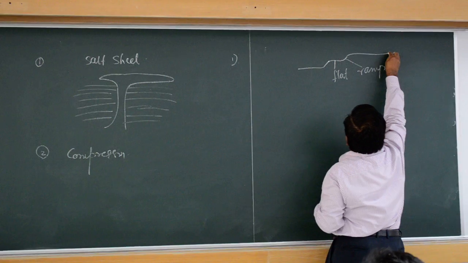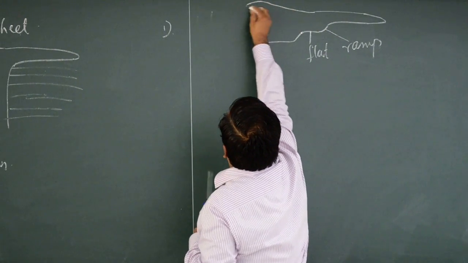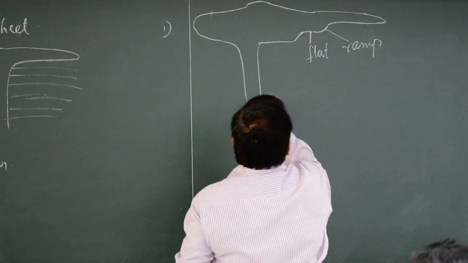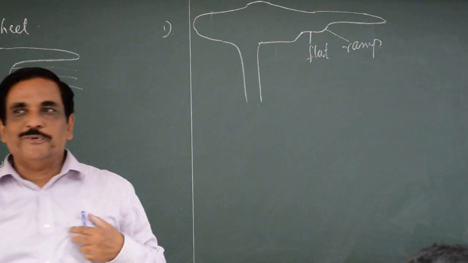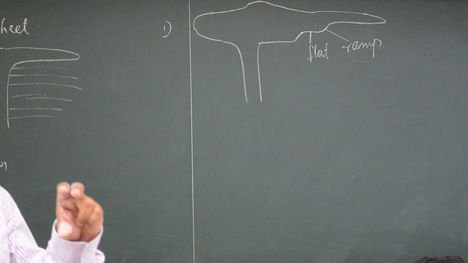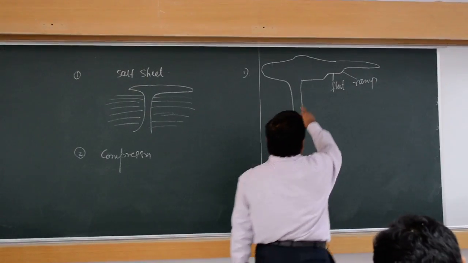Now, you bring it like this. The importance is the flat and ramp. So flat and ramp structure at the base of the salt sheet. How this develops, I will tell you.